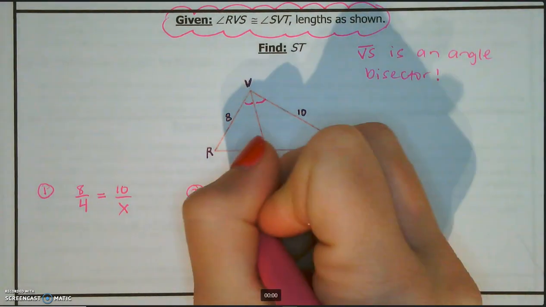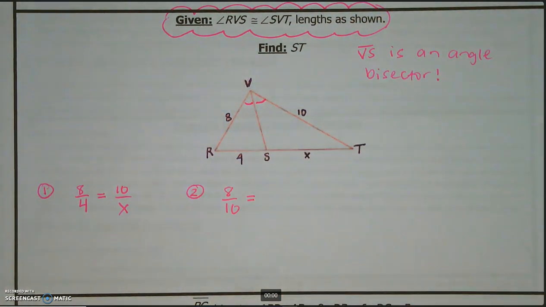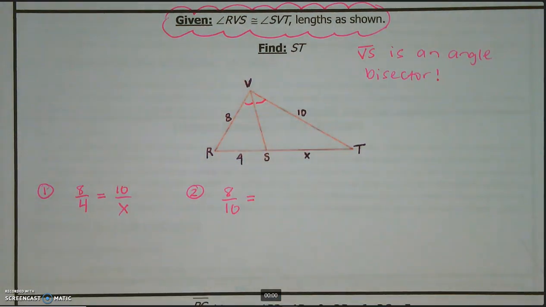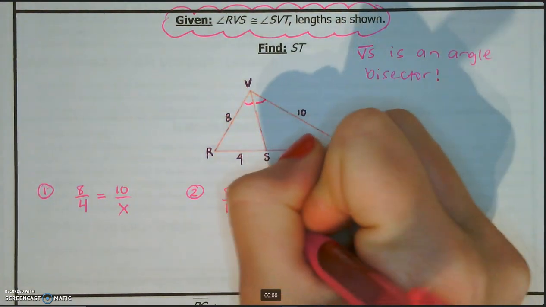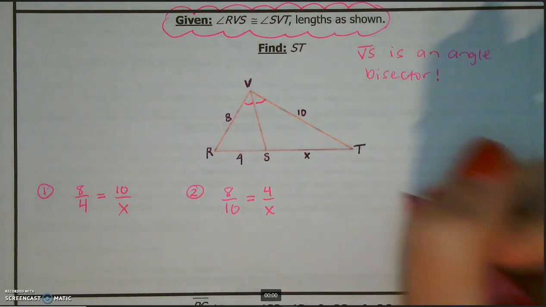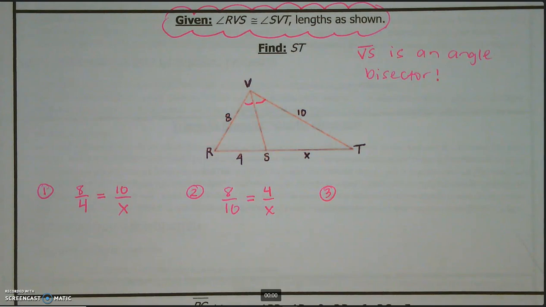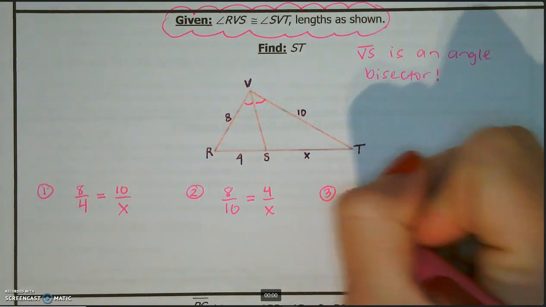All right, let's try another potential option. What if I decided to do 8 over 10? Take a guess before I share out. If I did 8 over 10, what do you think has to be the order of the other two sides? 4 over x. All right, let's try one more example, and then we'll solve one of these. What if I decided to do x over 10?